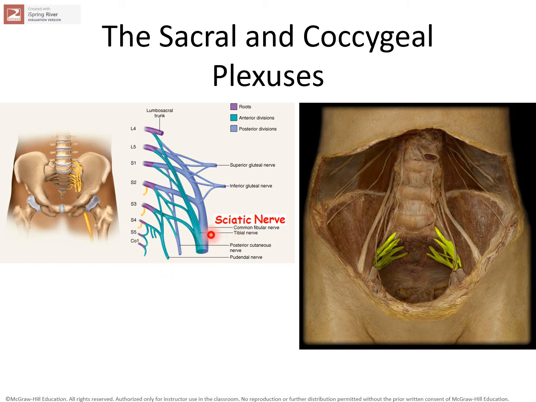And one of the largest nerves, well, the largest nerve in the body is the sciatic nerve, and it arises right here. The sciatic nerve is made up of two other nerves. One is the common fibular nerve and the other is the tibial nerve. So you hear about sciatic pain all the time, and this is the nerve that is affected when a person has sciatic pain. So these are the plexuses that originate over here, and they're called the sacral and the coccygeal plexus because they originate and supply the sacral region and the coccygeal region.